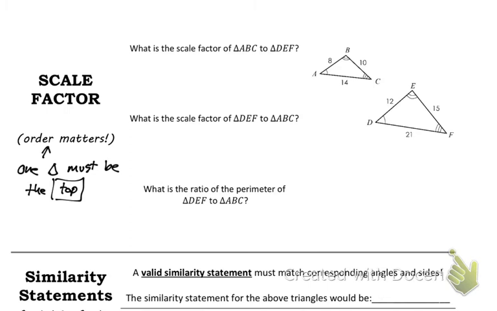So if we look at this, it says, what is the scale factor of ABC to DEF? Notice the first one given needs to be the top. So if I write out what scale factor order I want, the first thing I state is the top of my fraction.